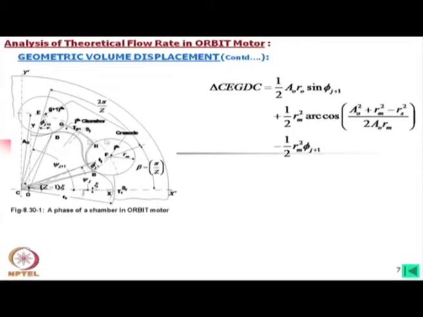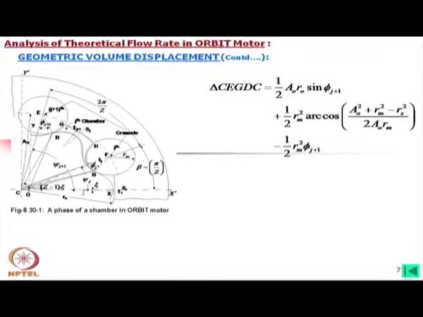Again, you can find out that first this is a triangle we have considered, A 0 into, this is perhaps not R 0, it will be R m, vector R m, this will be R m.